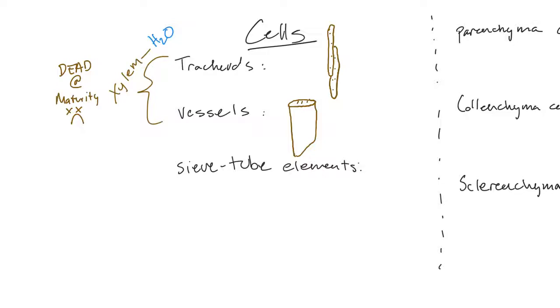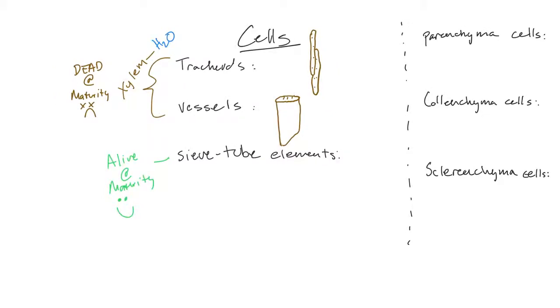All right, the sieve tube elements are alive at maturity. Okay, and they have this porous sieve plate. Okay, and then this is the sieve tube part.